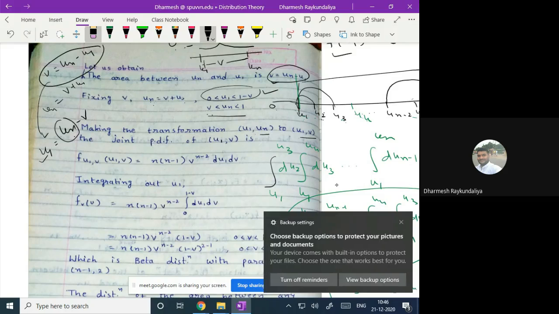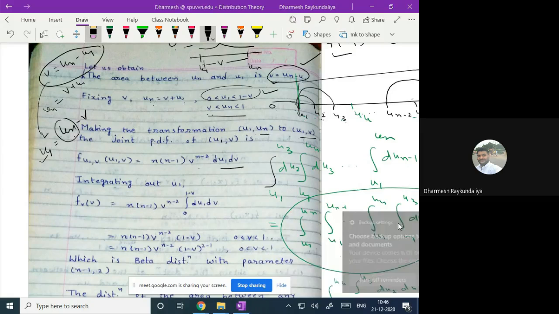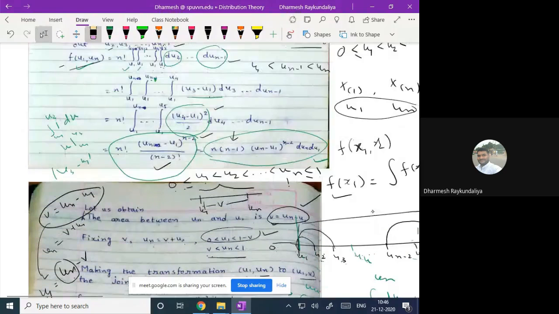So that is as good as du1 dv. And you have to substitute un minus u1 is nothing but v. So we are substituting the v in the above: n into n minus 1 v raised to n minus 2 dun.